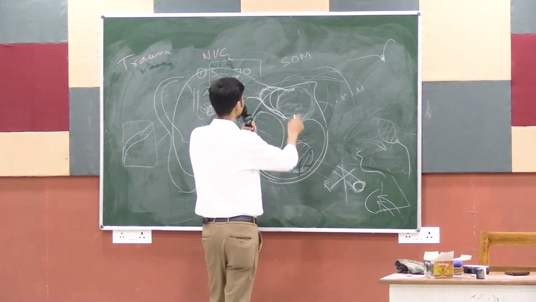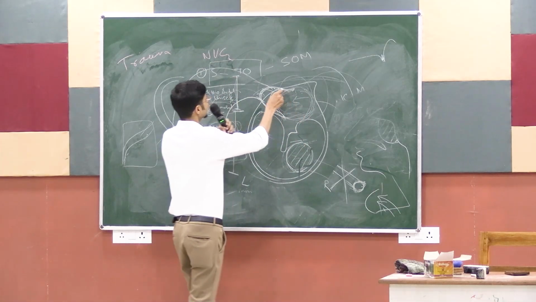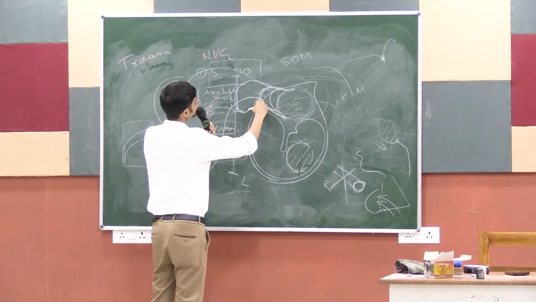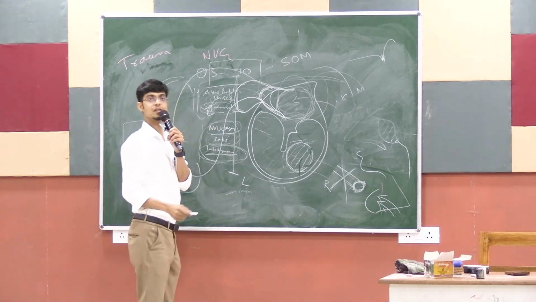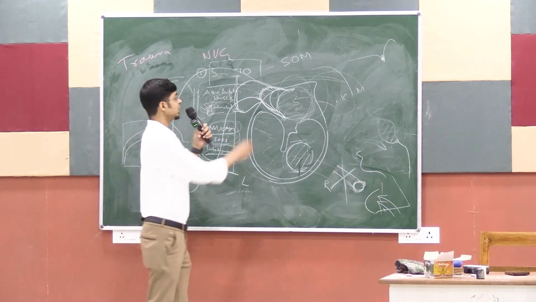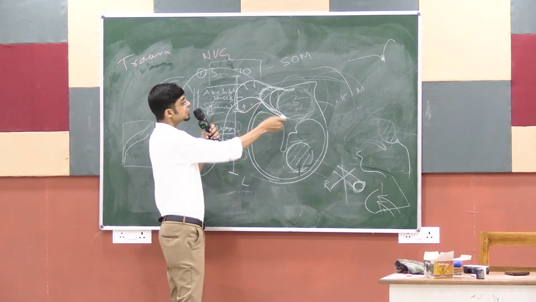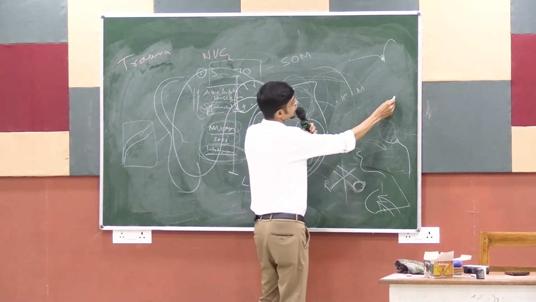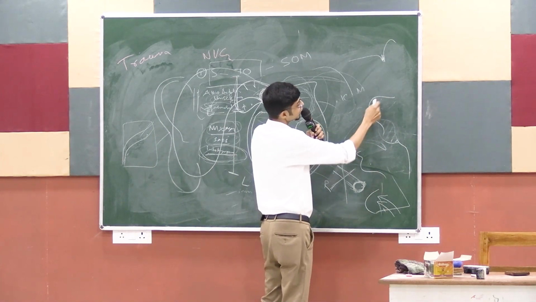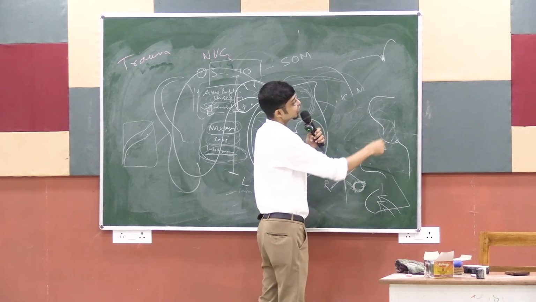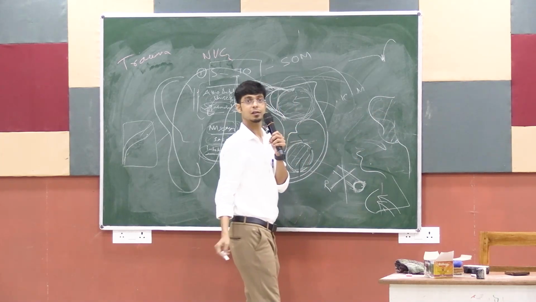But if this stimulus of the negative pressure continues, what will happen? This sac will gradually increase in size, and there will be collection of debris inside. So initially, say the sac was like this, all the debris that collected here would come out because the mouth is wide open.